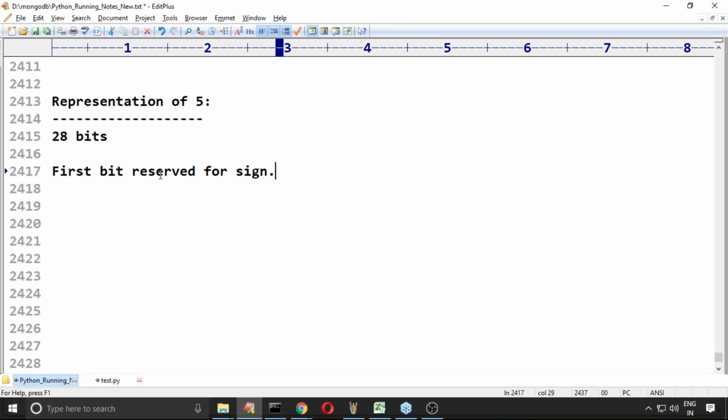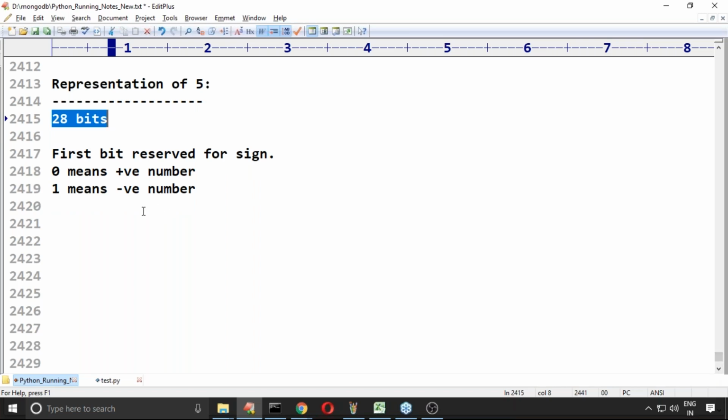Zero means positive number, 1 means negative number. Remember this one. So out of 28 bits, 1 bit is reserved for the sign. 0 means positive number. 1 means negative number.